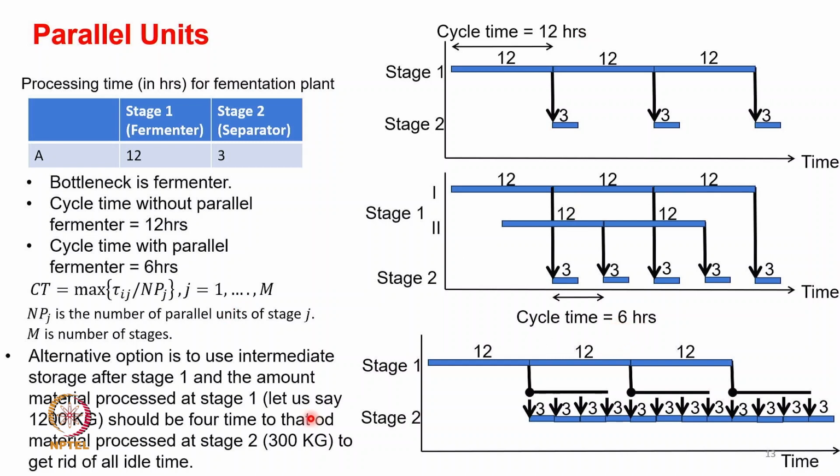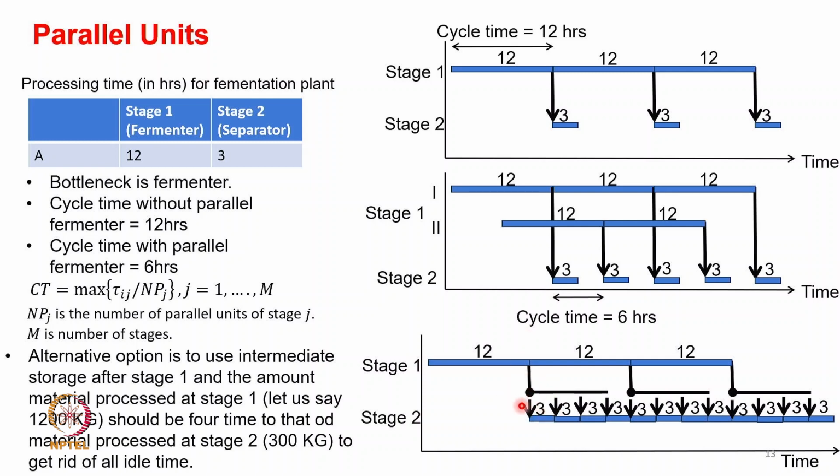So the alternate option here is to use storage. The alternate option is to use an intermediate storage after stage 1, and the amount of material processed at stage 1 should be 4 times that of the material processed in stage 2. Again, just to reduce this idle time, you can use them immediately.